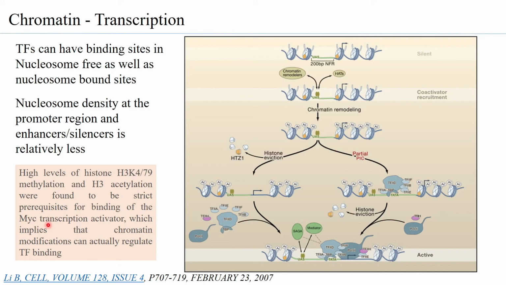And once you have the MYC transcription activator binding, it is going to initiate transcription of the gene. So you see how just a simple modification at two lysine residues enables a transcription activator to come and bind. The binding of the transcription activator will recruit the pre-initiation complex, and therefore the assembly of the pre-initiation complex becomes stable, and that can begin the transcription initiation.